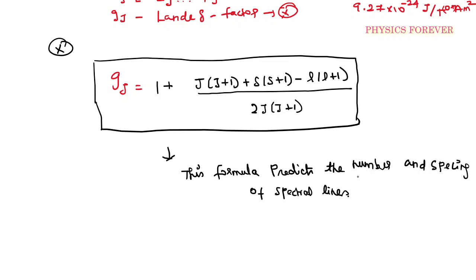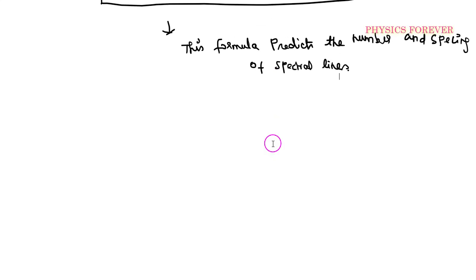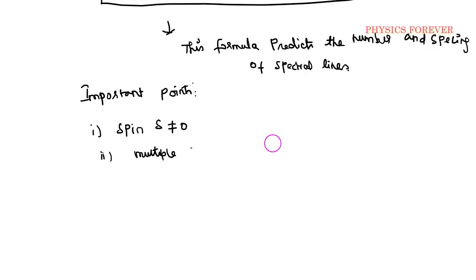In short, what we have discussed today, some points to remember. First, spin is not equal to 0 for the anomalous Zeeman effect. Next, the spectral line splits into multiple components. Next, the Landé g factor is most important.